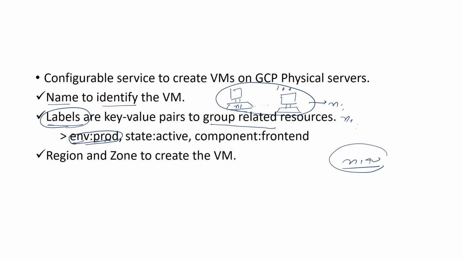So suppose in the prod environment we have placed these 100 VMs, and if we want to enforce some rules or firewall rules on those VMs, then we will simply write env colon prod, and those rules will be applicable to all those VMs. So labels provide a very handy way by which you can enforce some constraints on all the VMs which belong to a particular group.